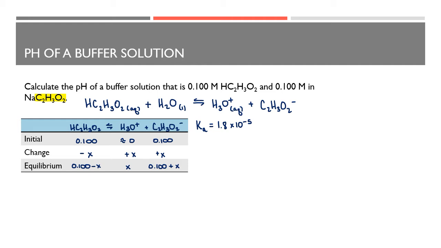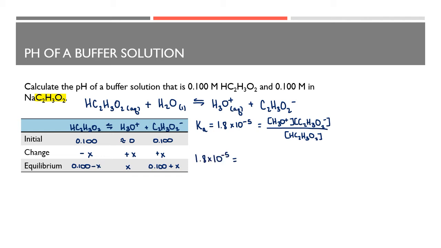So the Ka is 1.8 times 10 to the negative fifth, and that's going to be equal to the concentration of my hydronium ion times the concentration of my acetate ion, C2H3O2 negative, over the concentration of my acetic acid, HC2H3O2.